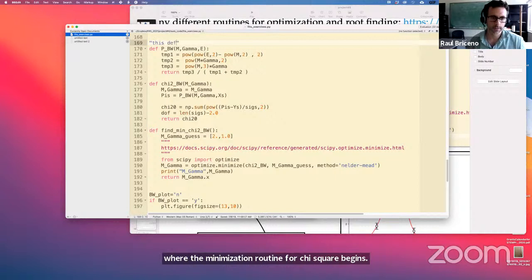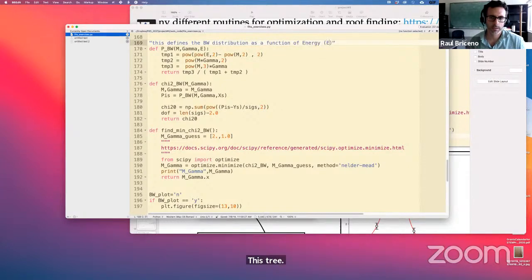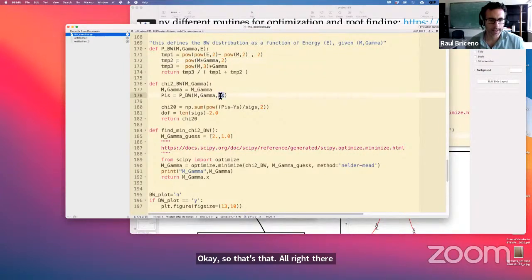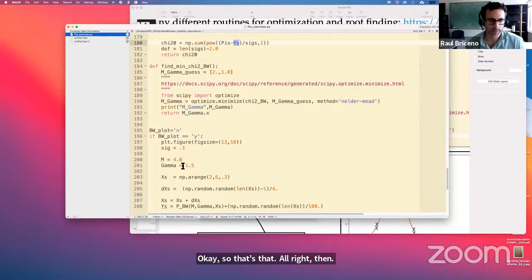So this defines the Breit-Wigner distribution as a function of energy, given m and gamma. Then these x's and y's are some global parameters, which I defined down here.